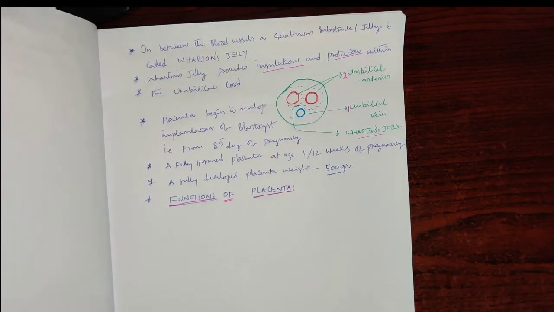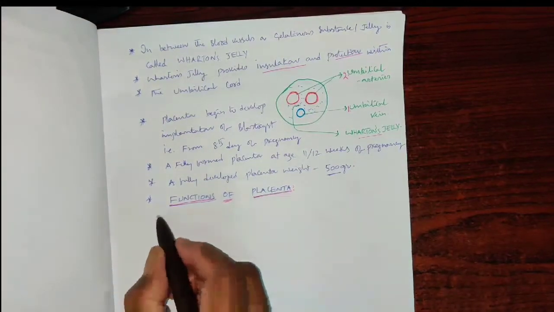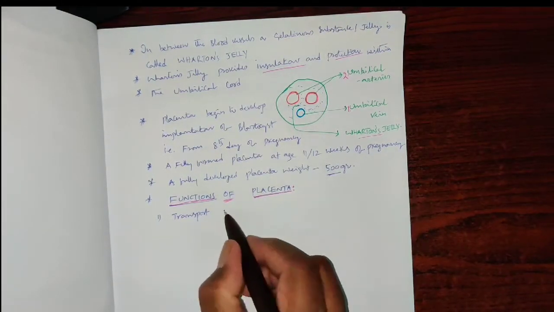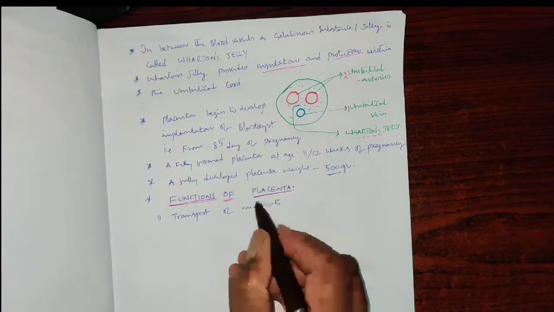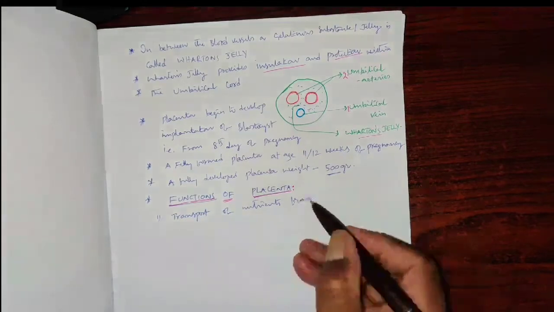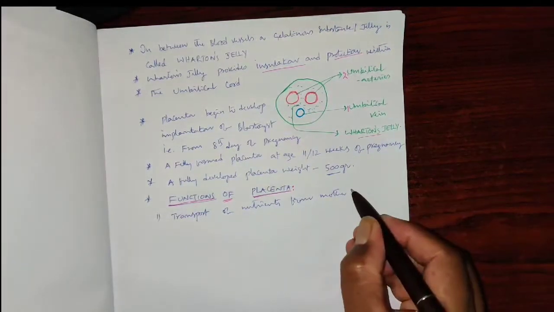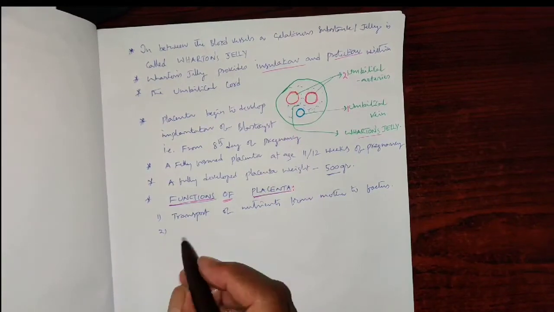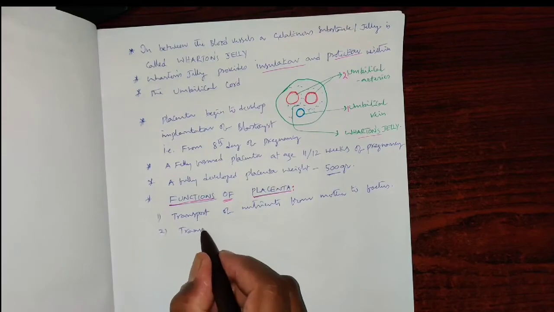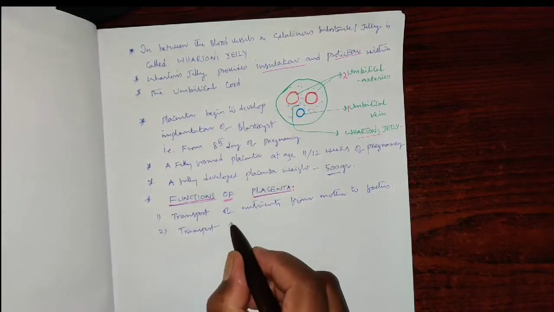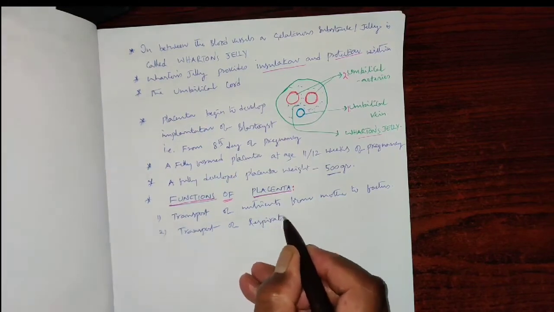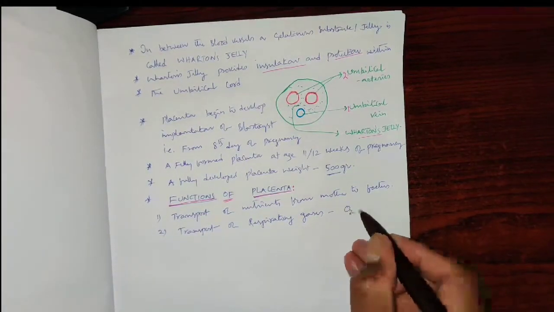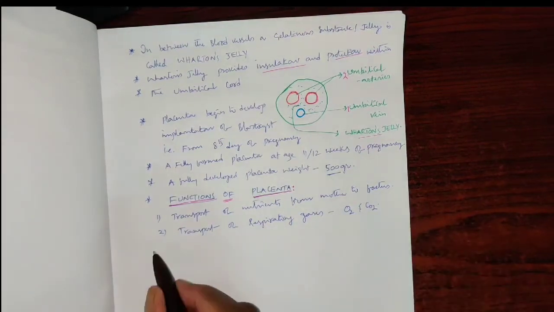So what does it do? The placenta helps in transport of nutrients from mother to fetus, and also transport of respiratory gases such as oxygen and carbon dioxide.